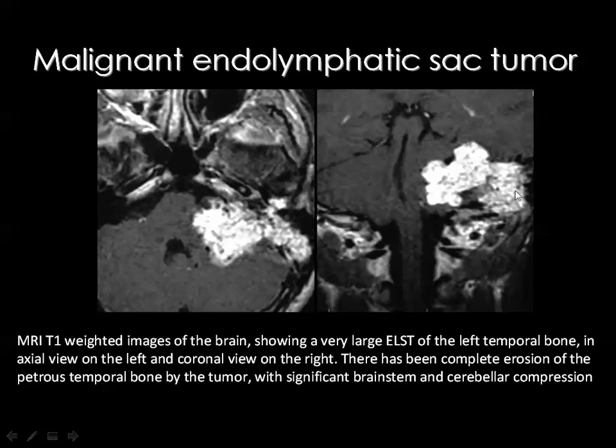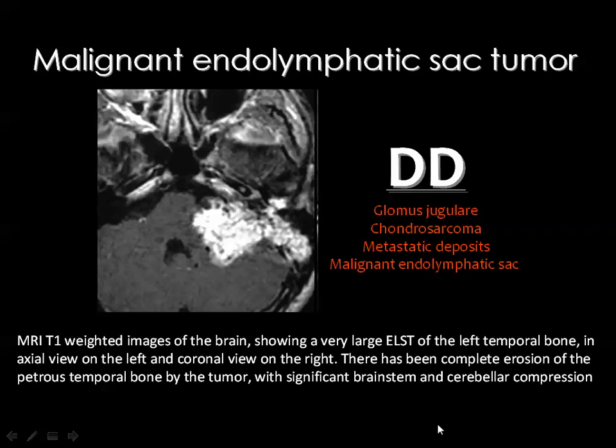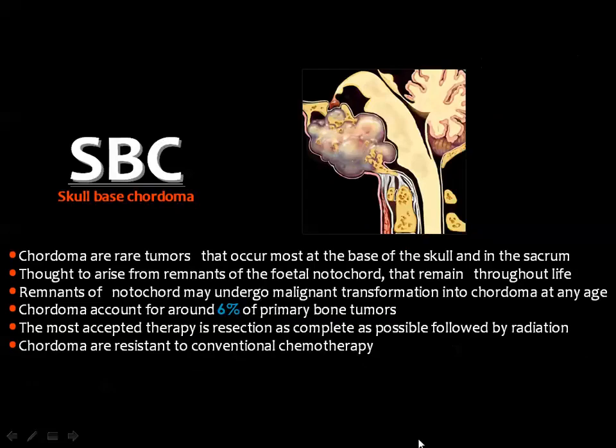It's considered a rare lesion, but one of the lesions that can occur in this particular area. The differential diagnosis may include glomus jugulare, chondrosarcoma, metastatic deposit, and this endolymphatic sac tumor.